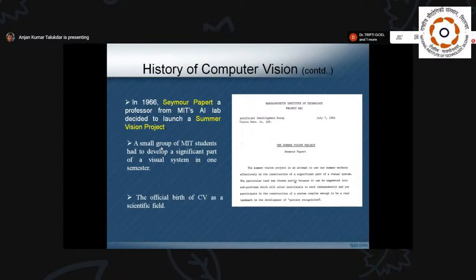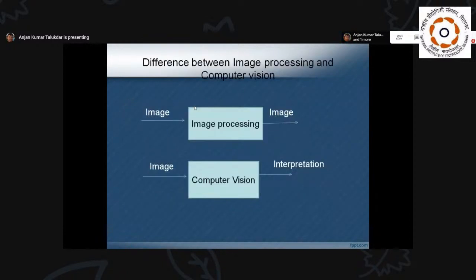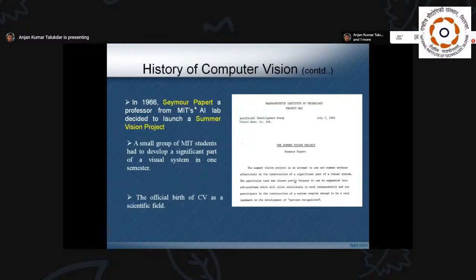Although it was not completed in this semester, this is considered as the official birth of computer vision as a scientific field. So we can say that from this project computer vision started. So this is about a brief history of computer vision.